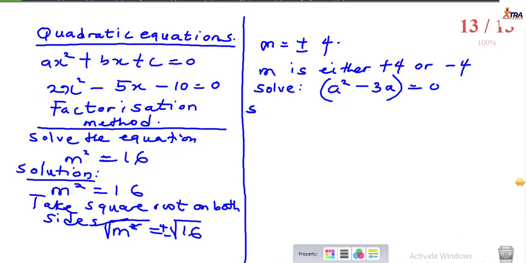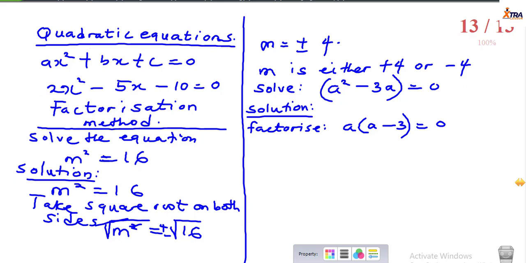We go straight to the solution. Looking at this question, what do we need to do? We need to factorize. So factorizing the expression, we have a into bracket a minus 3, that is bringing out the factor a minus 3, equals 0.